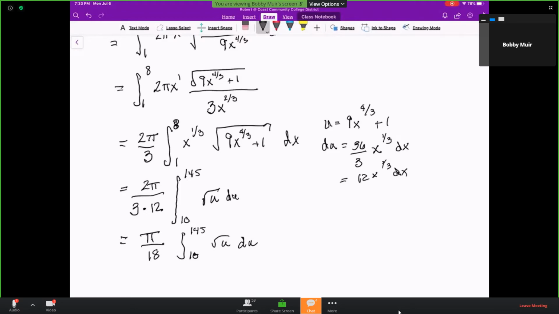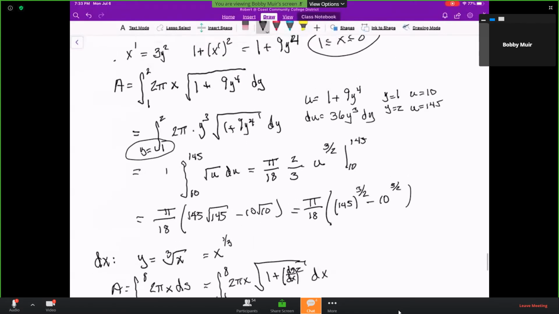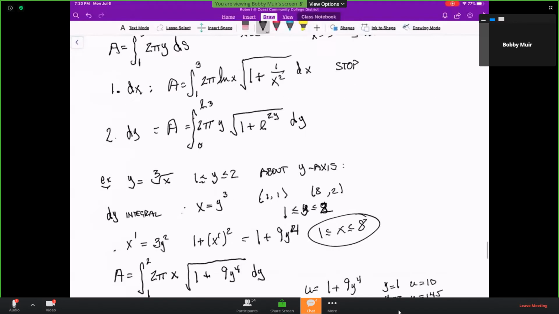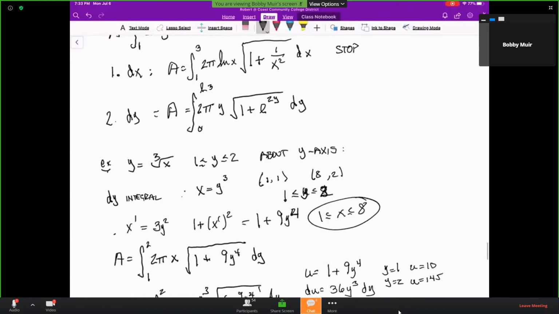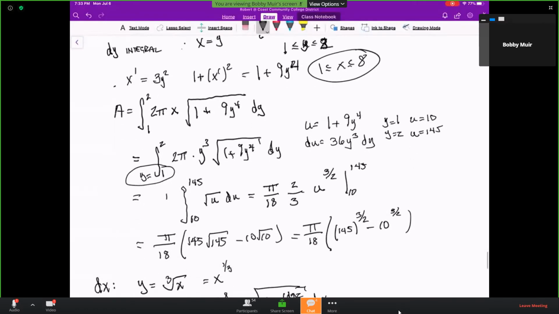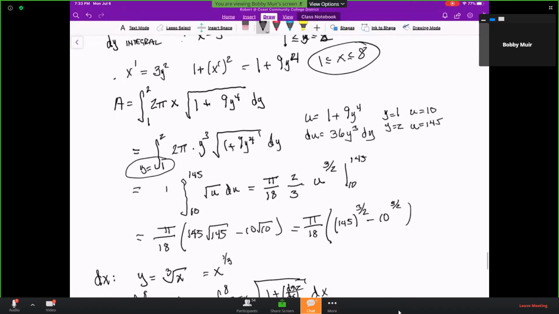There's the 2 pi over 3 over 12. 2 pi over 3 and a 12. No, it's 18. This is 18 up here. Yeah, it is. It's 18.